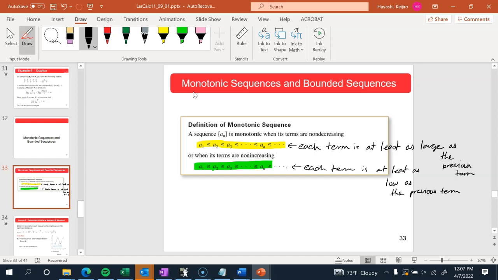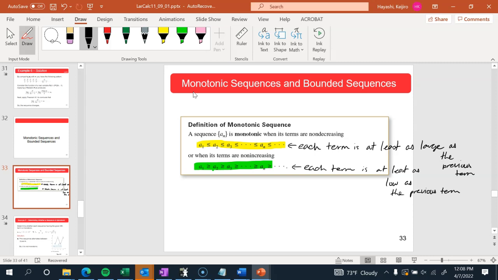So that would be a sequence like 1, 1/2, 1/4, 1/8, 1/16. That's going down. Each term is lower than the previous one, and that would be considered a monotonic sequence as well.